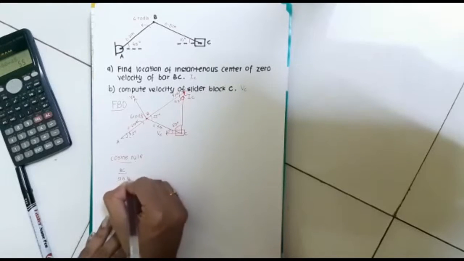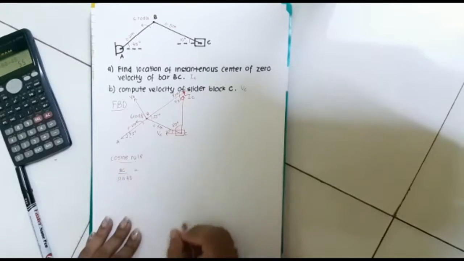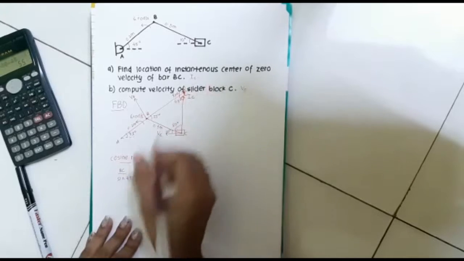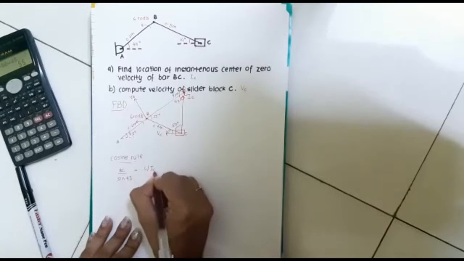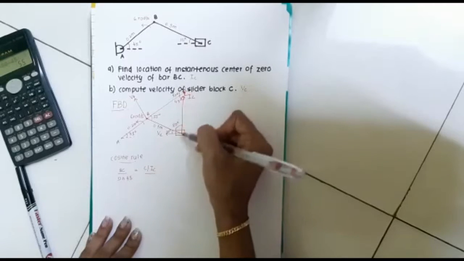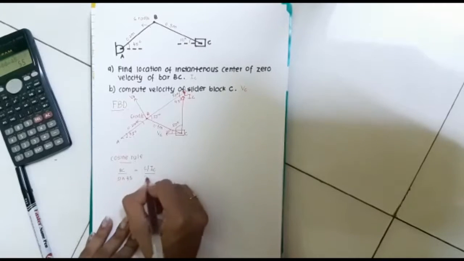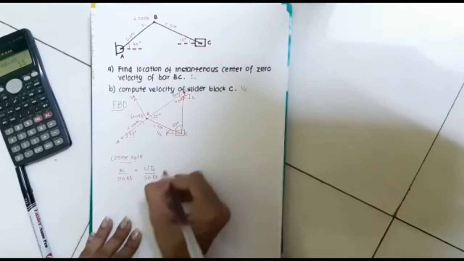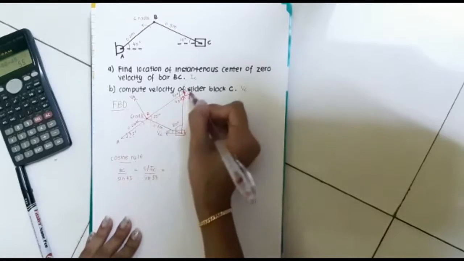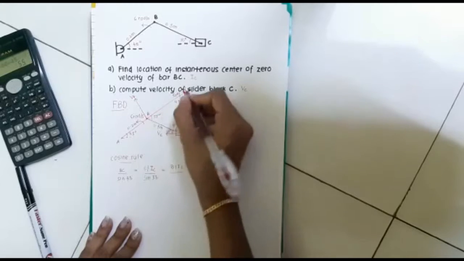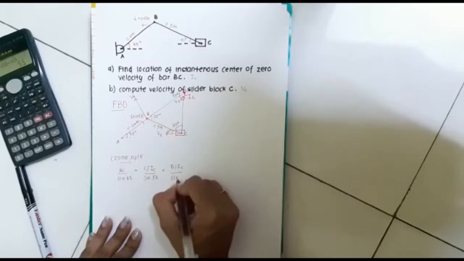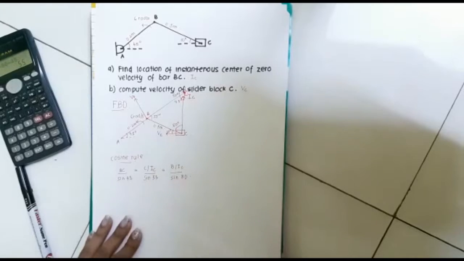So, sine 45 equals to C to IC, the opposite angle will be 55, so sine 55, and B to IC, the opposite angle will be 80, so sine 80.